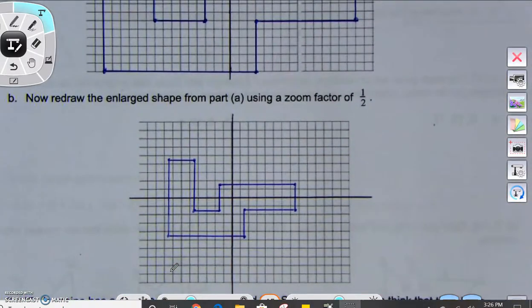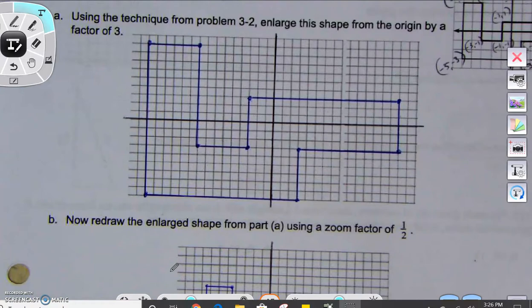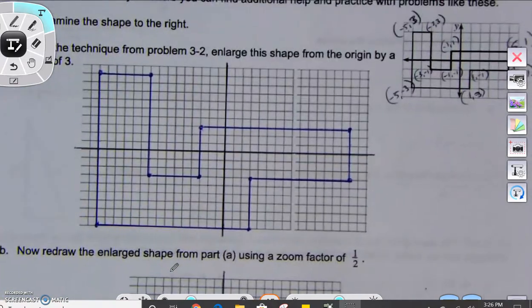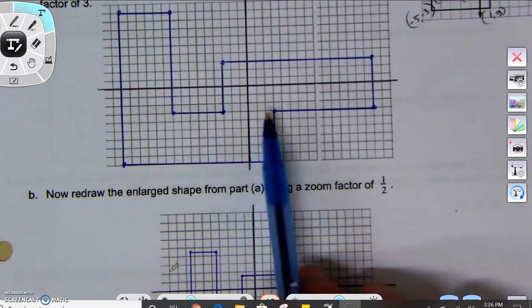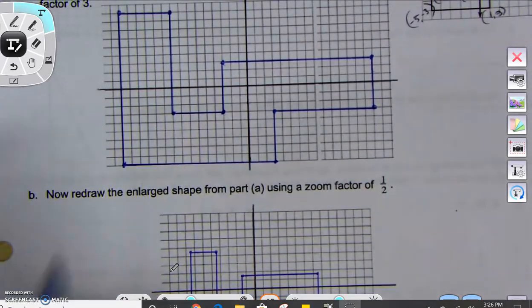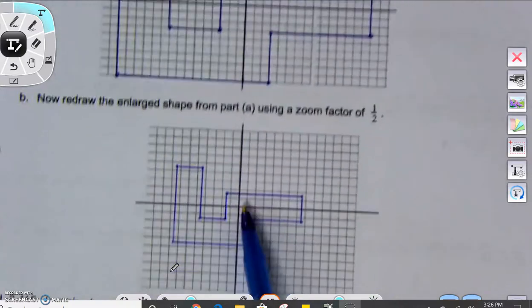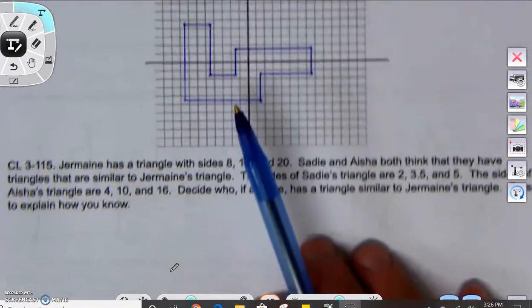So we should end up with something that looks like that. So that was scale factor 3. We multiplied all the ordered pairs by 3 from the original. This one we're taking the scale factor of 1/2 from the enlarged. I didn't write them all out, but I'm taking all those ordered pairs, multiplying by 1/2, and I can go ahead and graph those.